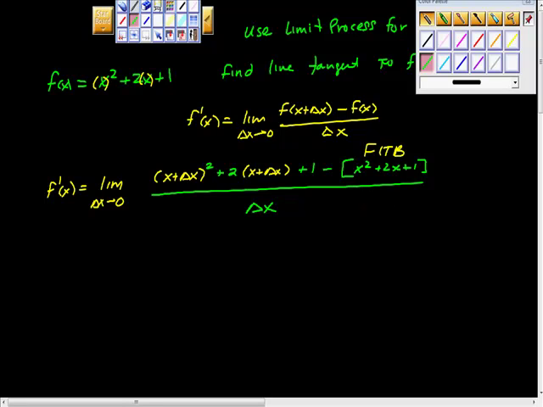Now what? Now we expand, don't we? So I don't have to write this f prime at x again. I have to write the limit, though. And what is x plus change in x squared? You should know it off the top of your head.